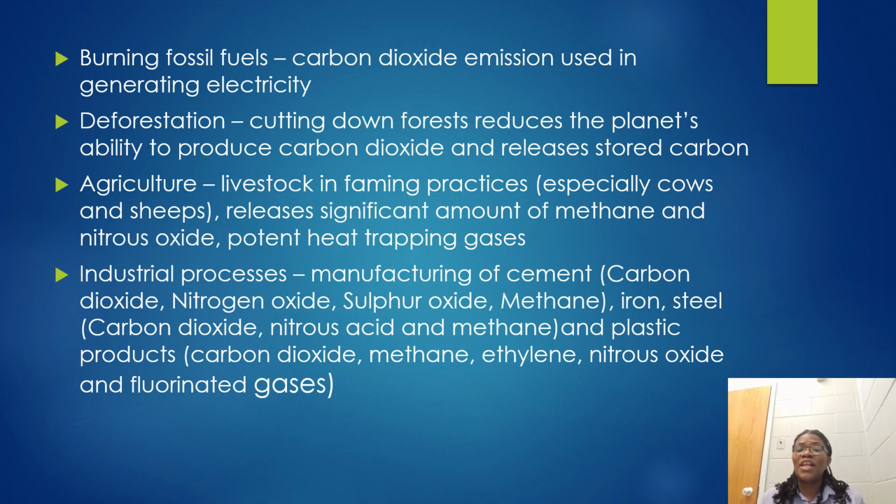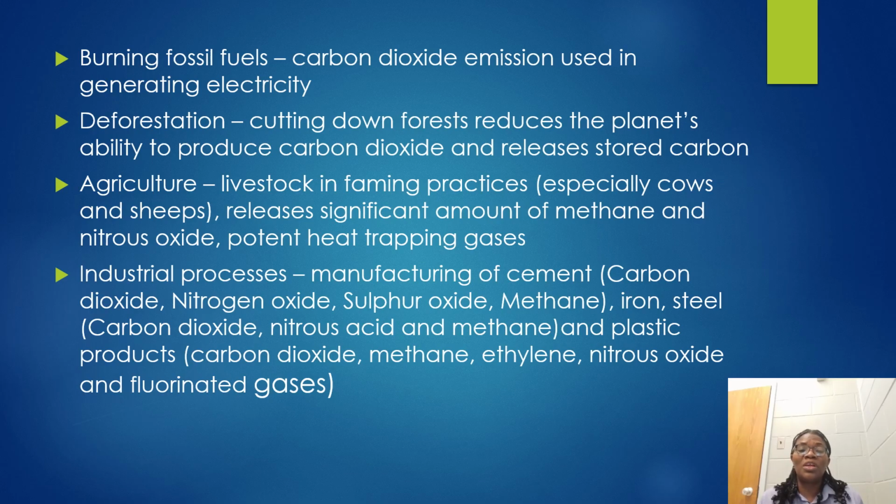And especially when you talk about cows and sheep, where this type of farming takes place, we have a large amount of methane and nitrous oxide being released or emitted into the atmosphere. And so these can increase the temperature of the atmosphere.